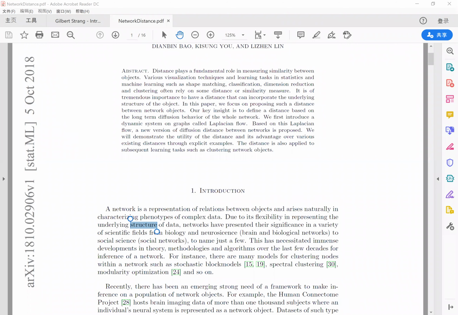Then we obtain a similarity matrix, which is an n by n matrix. In the ideal case, you have a bunch of 1s and a bunch of 0s.